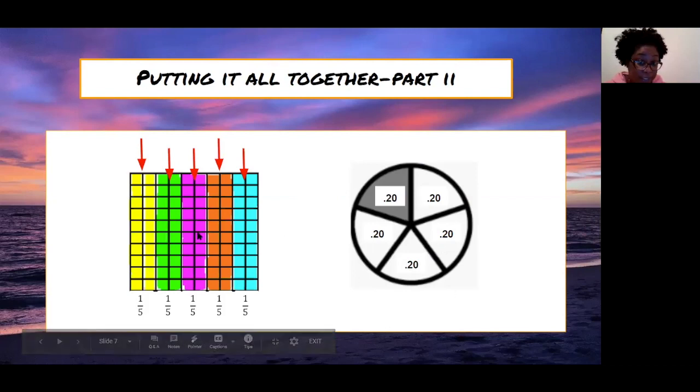Or just as it is with this model, each piece represents 20 hundredths. 20, 40, 60, 80, 100. How cool is that? One piece is 20 hundredths or 1/5. Oh, look at those connections.